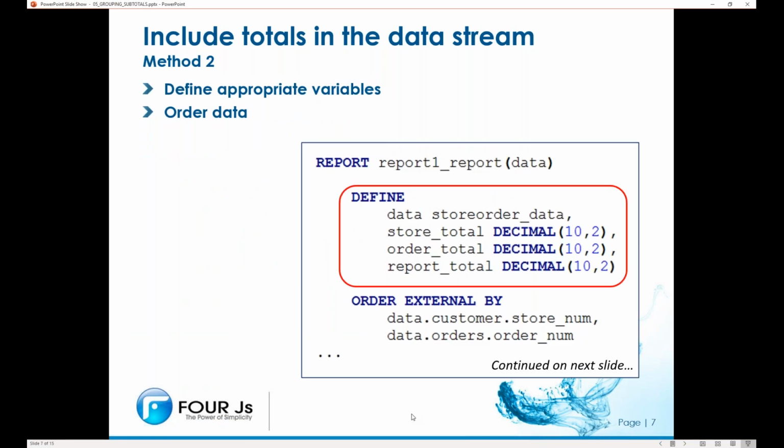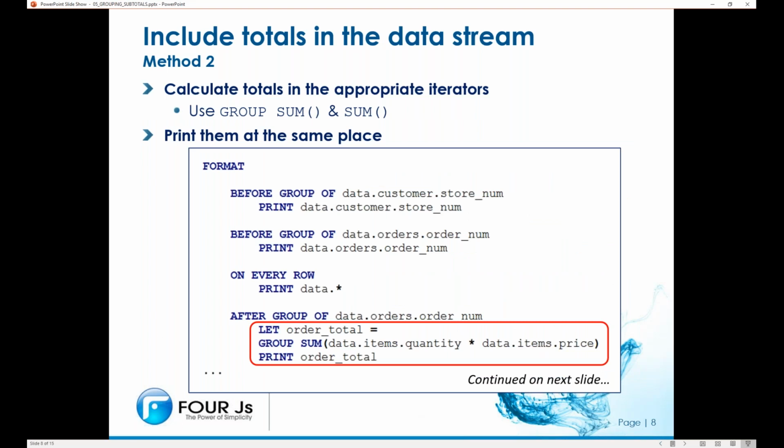We do have a method 2. Method 2 does follow the same pattern at the start, where I start off by defining the variables to hold my totals. This one takes a bit different approach. Instead of using before groups, it uses after groups. And after groups means that there's not going to be the running total.